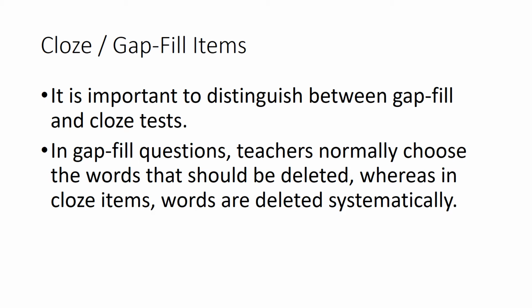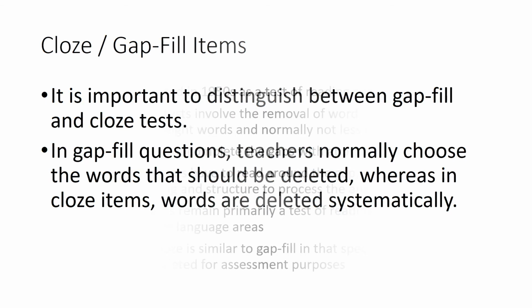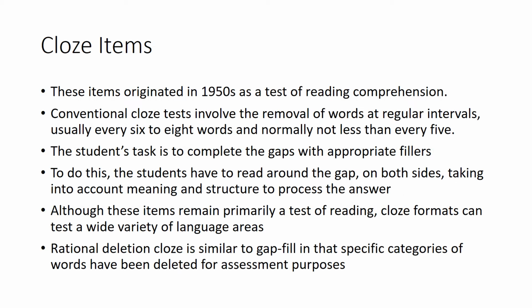What does it mean that words are deleted systematically? It means that the teacher who is going to put a cloze question has to count the number of words, and depending on the number, he's going to make the deletion.